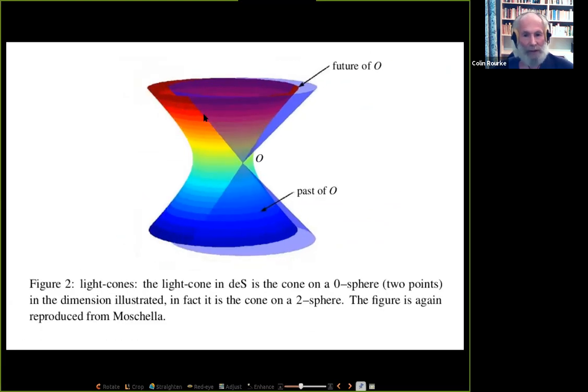So this, the blue, is the light cone in Minkowski space, and it intersects the DeSitter space in the light cone in DeSitter space, which in this picture is two lines, one here and one there. You'll have to imagine all this. It's very difficult to see it.